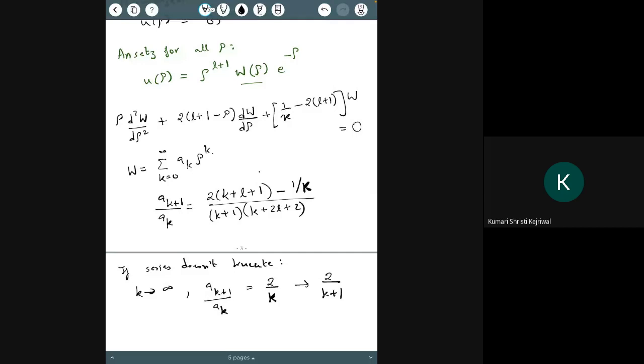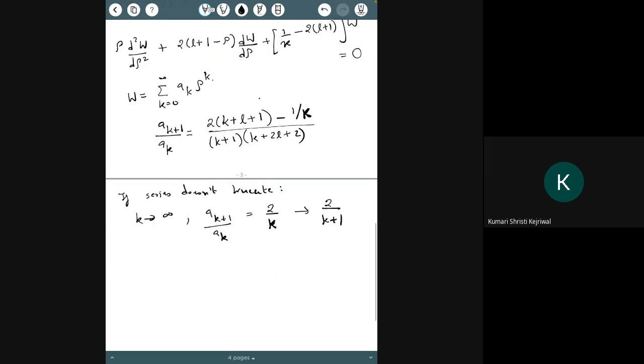And here I'm just trying to analyze if the series diverges or not. So it's not a problem if I take the functional form for 2 by k plus 1, because anyhow 2 by infinity and 2 by infinity plus 1 will not show much difference in behavior.